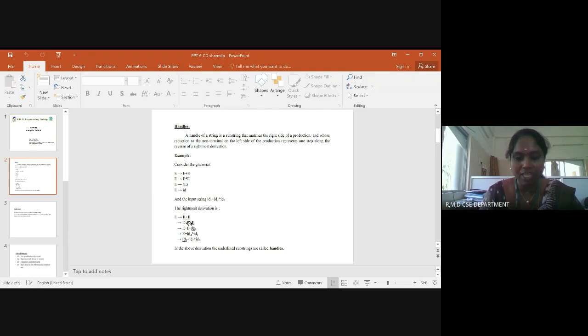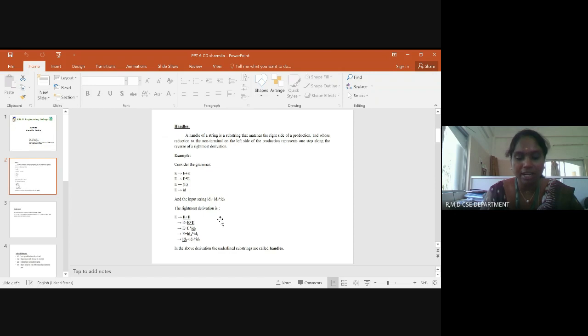That substring matches the right side of the production, and the reduction to the non-terminal, substituting the values of the non-terminal on the left-hand side of the production, represents one step along the reverse of the rightmost derivation. That is called a handle.